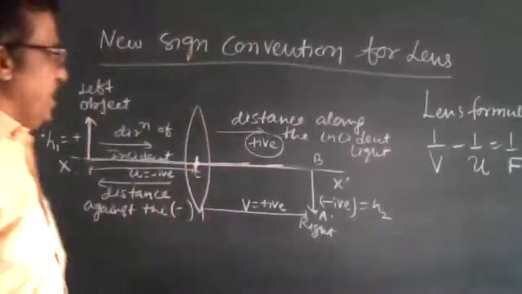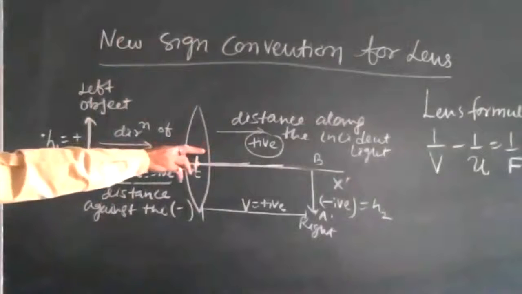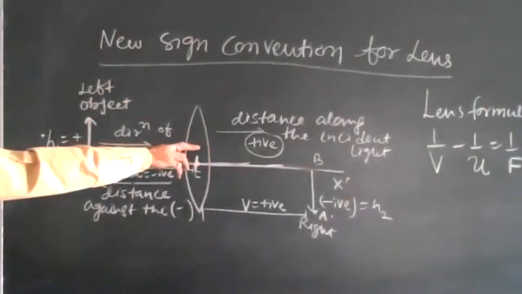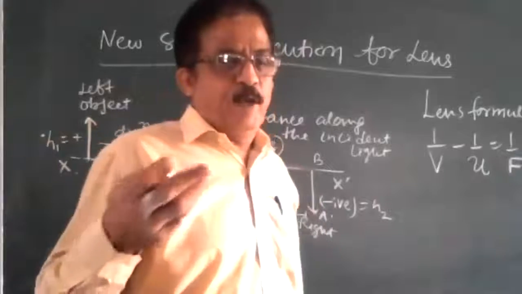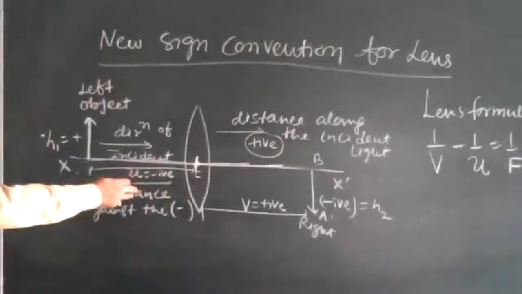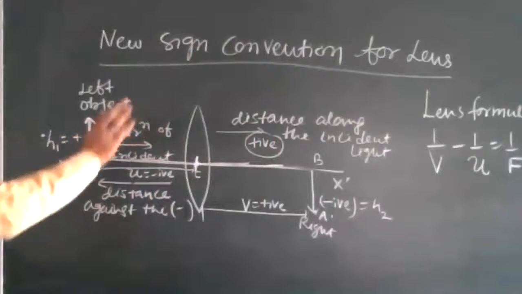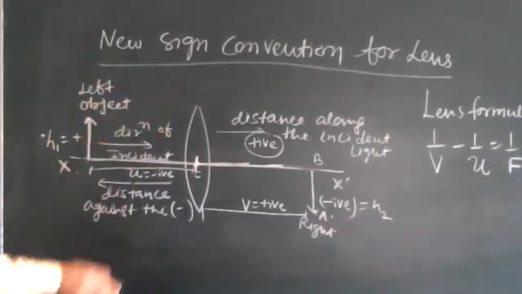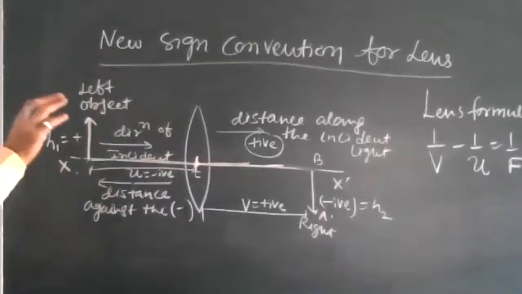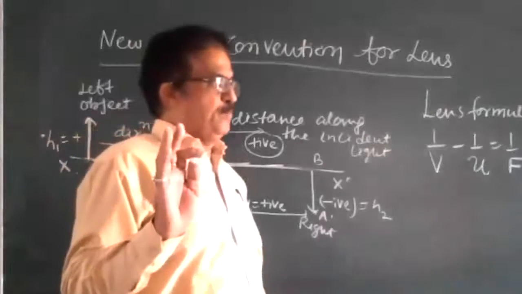Okay, here you can see a convex lens may form a real image, as well as with the help of a convex lens we may form a virtual image, depending on the position of the object. Concave lens forms a virtual image whatever the object may be.